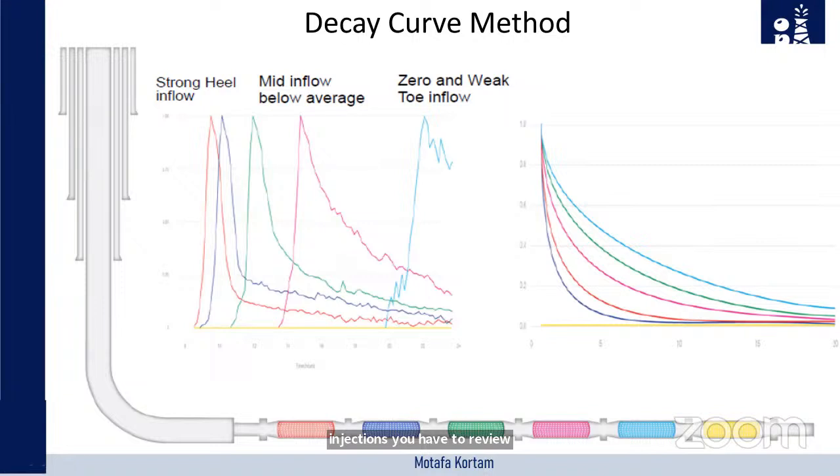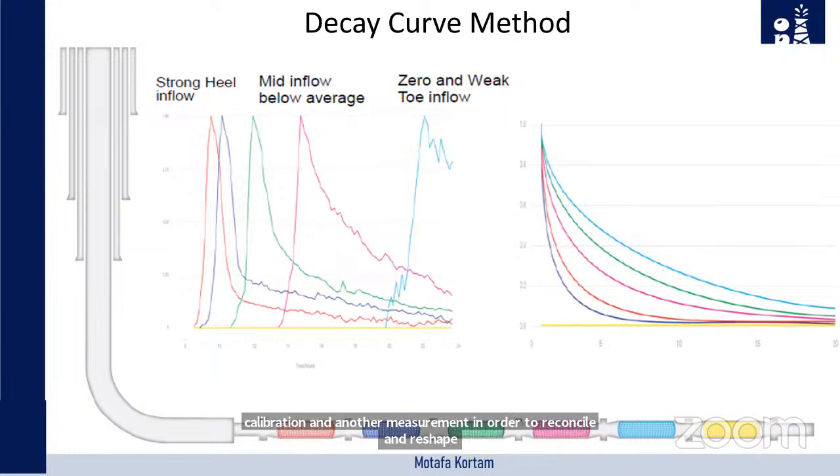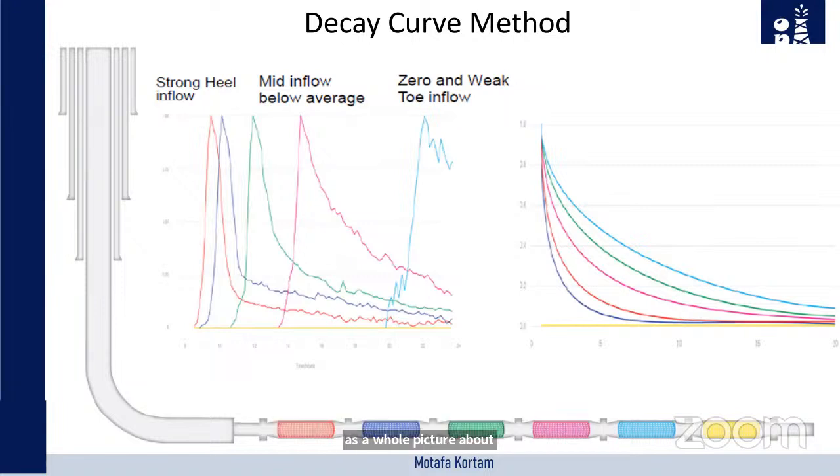So there are many indications and implications you may be able to conclude from the analysis of these types of tracers, at either well scale or reservoir scale. You have to dig into your field data and do another calibration and another measurement in order to reconcile and reshape the whole picture about the well and reservoir performance combined together.